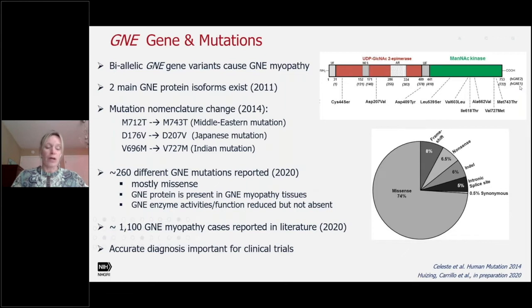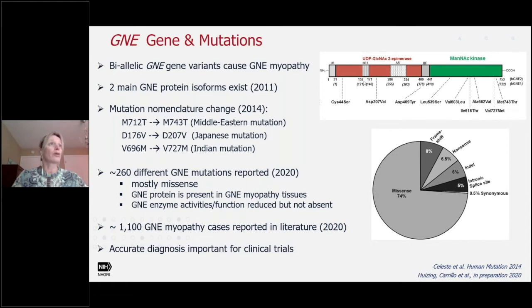And mutation naming nomenclature rules are that you have to name mutations according to the longest available protein isoform. So that means that all GNE mutations have to be named according to the new GNE2 isoform nomenclature.